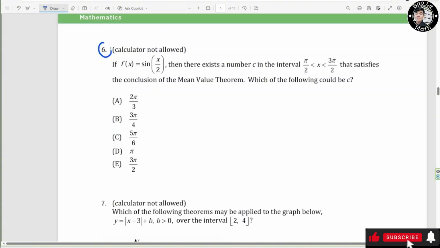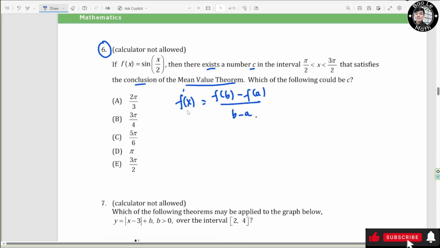Now, question 6. If f of s equals sine of s over 2, then there exists a number c in the interval pi over 2 to 3 pi over 2 that satisfies the conclusion of the mean value theorem. Which of the following could be the value of c? Alright, so remember the mean value theorem is given by the formula f prime of s equals f of b minus f of a over b minus a.